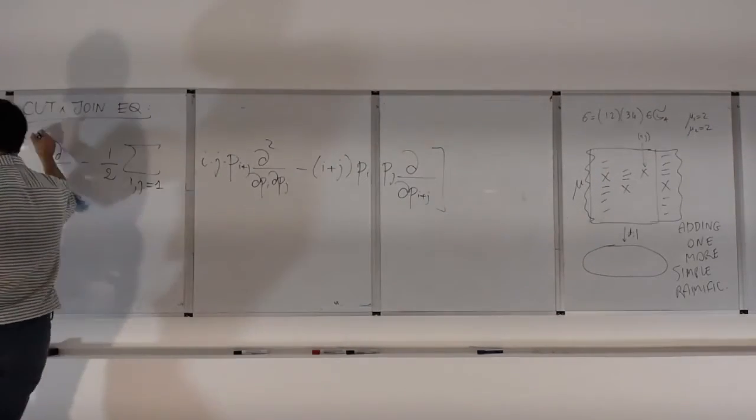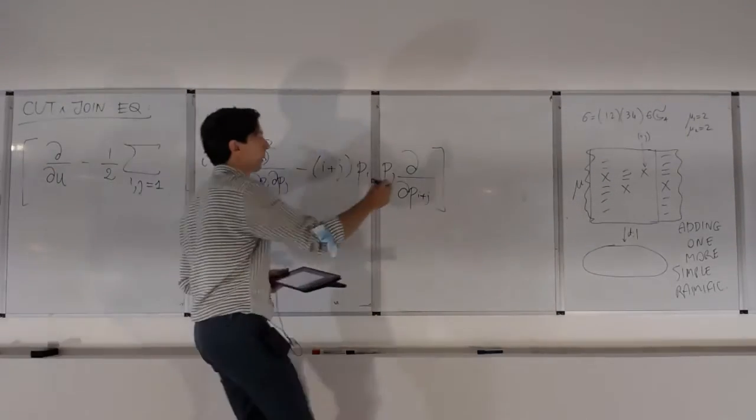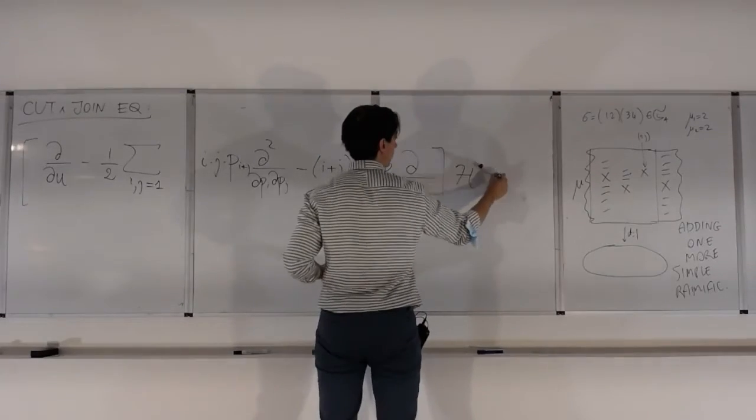Now you do the following. Apply to h bullet, this is 0.